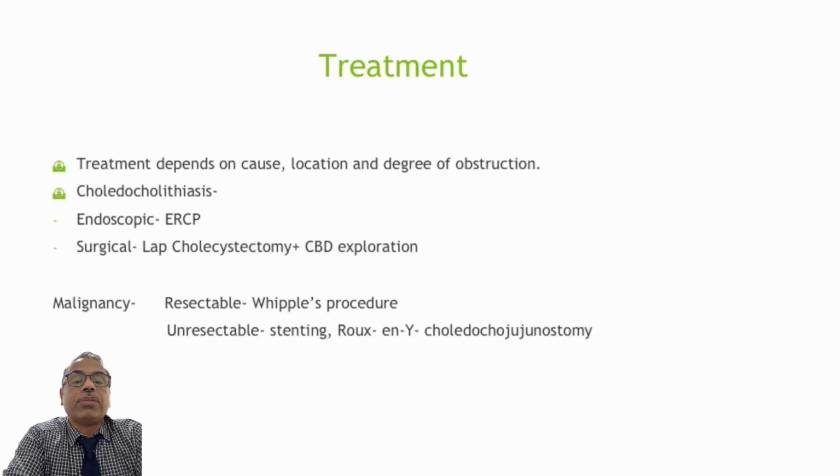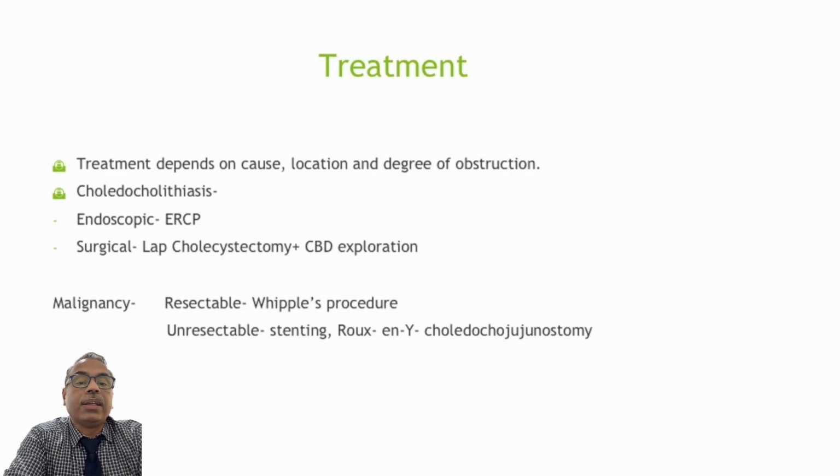What are the characteristics of a resectable tumor? Number 1, the tumor is confined to its organ, that means the head of the pancreas. Number 2, it has not spread into the surrounding structures. Number 3, it is not involving any major vascular structures like the portal vein, or any arterial involvement. And another important thing is it has no distant metastasis.